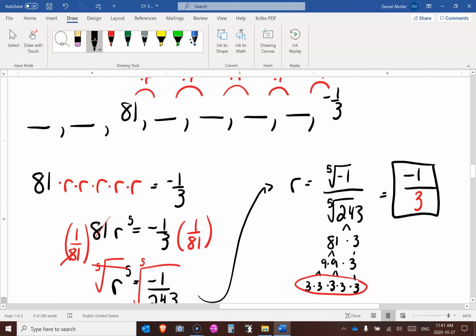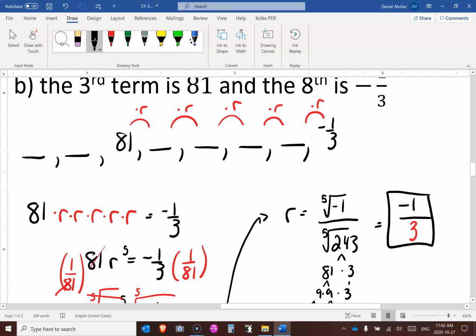So if you're timesing by a third, this right here is timesing by a third. Negative, timesing by a third. Now, you can think of it this way, or you can think of it as dividing by 3, which I think is a little bit easier.